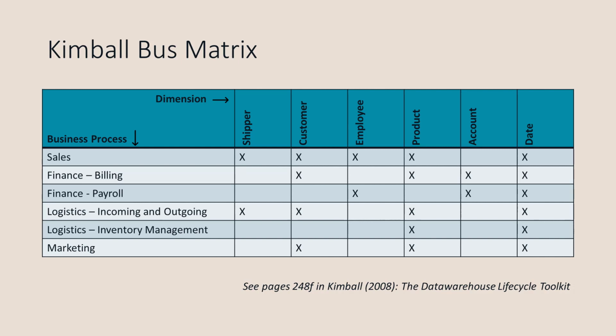At the same time, a part of the reason for why we want to build this data warehouse is to have a central repository of data so that regardless of where and what side of business you're looking at the data from, it shows you the same. So if, for example, we were to make separate product dimensions for sales, for billing and finance, for logistics incoming and outgoing, for logistics inventory management, and for marketing, then what happens when these product dimensions eventually move away from one another, so that one dimension includes all products, but another dimension only includes a subset of it?